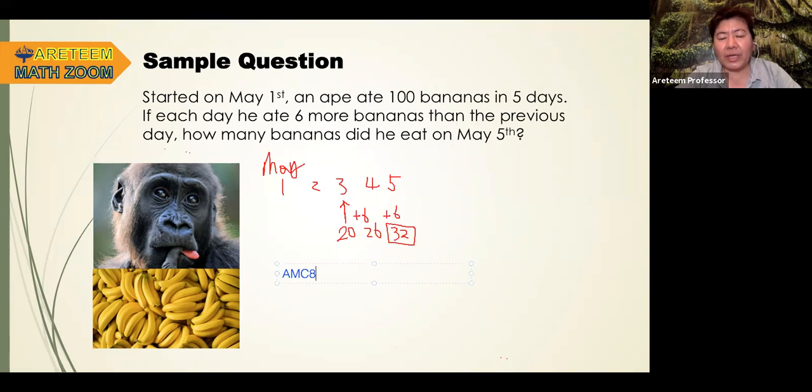In a lot of US schools, middle school is from 6 to 8. So this problem is an AMC 8 problem. It's for middle school students, and a lot of students don't know how to do it. Now you guys are elementary school students, 5th graders, 6th graders. You already know how to solve it.